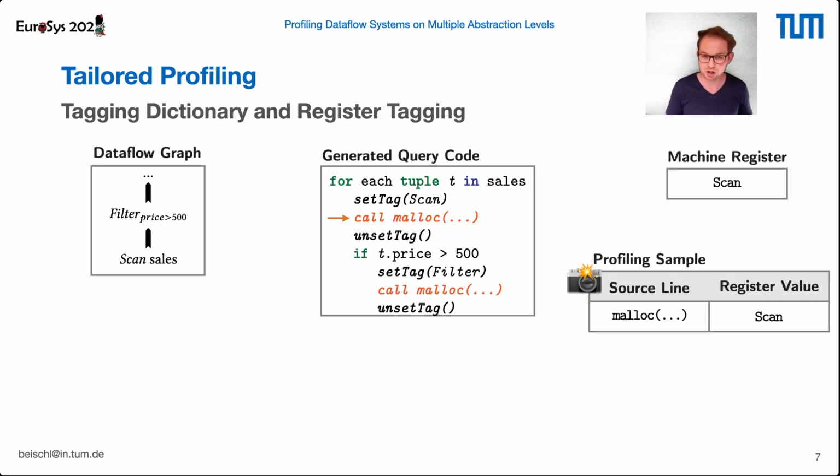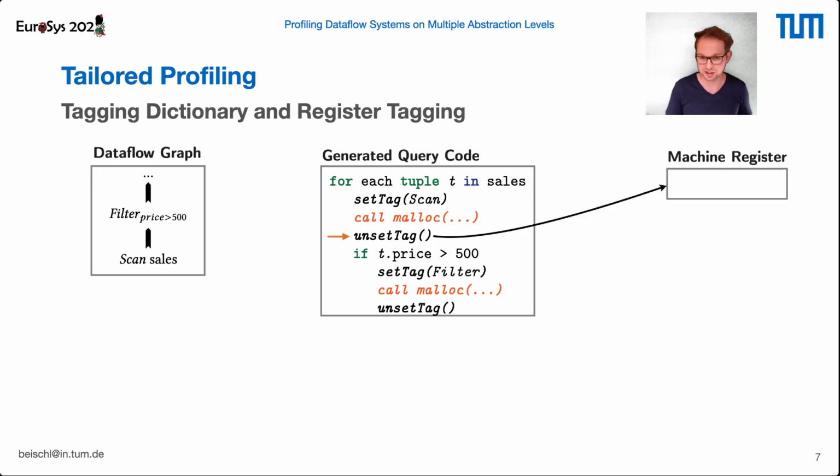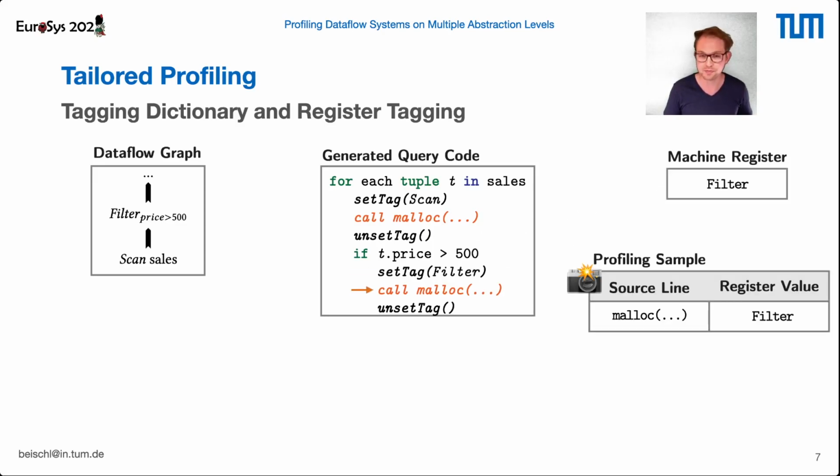Now, after finishing our function malloc, we just reset the register and we do the same for each call of a shared function. With this, we have a very lightweight alternative to call stack sampling for disambiguation, and now we can map all of our generated code instructions back to their higher level components of the data flow system.